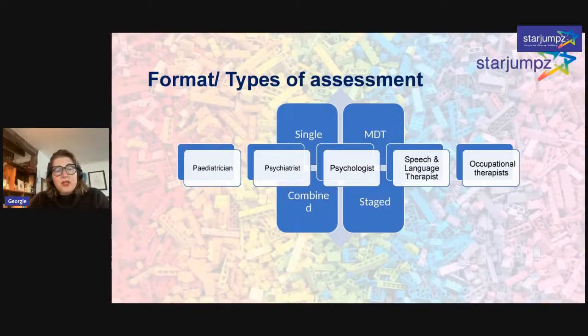But at Starjumpz we also have other types of neurodevelopmental assessments. We know that for some families the full paediatric joint assessment may not actually be necessary, or it might not be achievable. So there are different ways to have a developmental assessment. My colleague Dr Anna Russ and Vanessa Carter do a combined autism ADHD assessment.